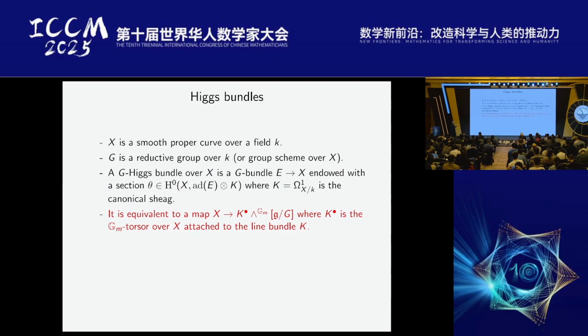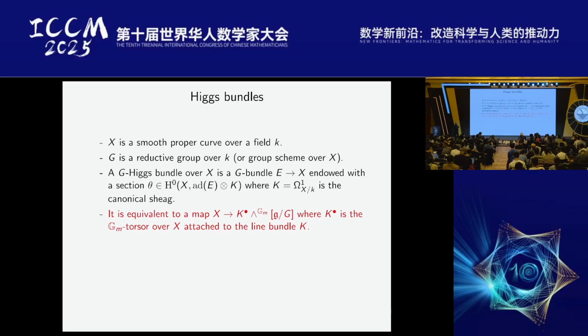Instead of writing this, I want to write it in a more complicated way. So here a Higgs bundle for me is a map from X to this quotient stack of the Lie algebra divided by the adjoint action, right?